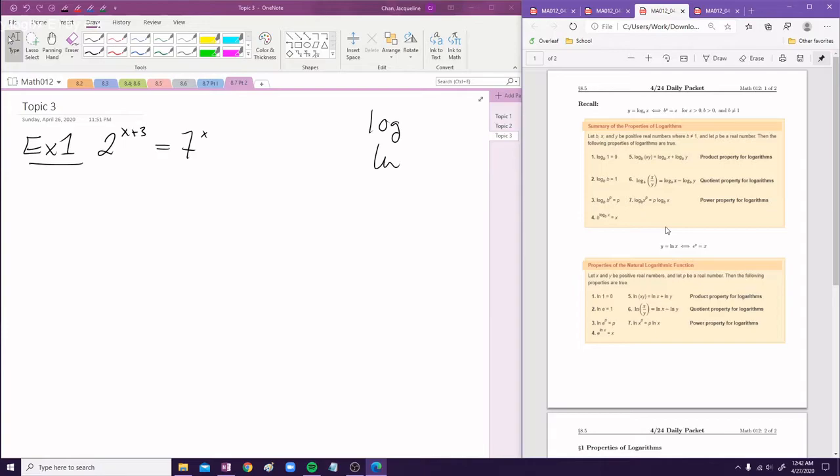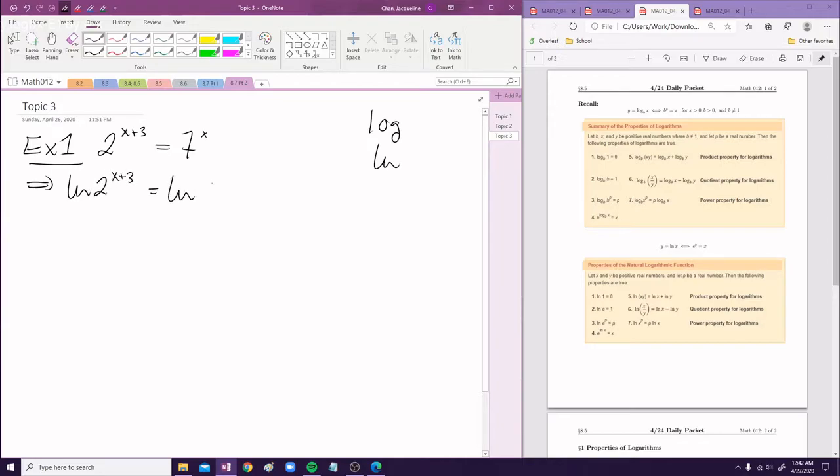When I see this, I think of logarithm in order to get that variable out of the exponent, right? I'm going to take natural log to both sides. So I'm going to take natural log of 2 to the x plus 3, and natural log of 7 to the x, right? Now I'm going to use the power property.